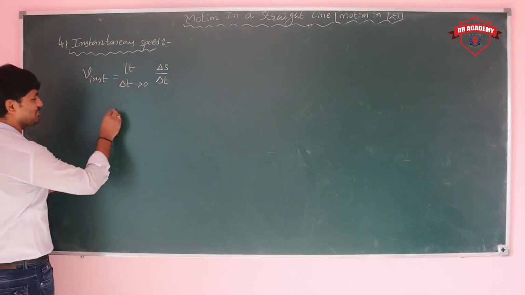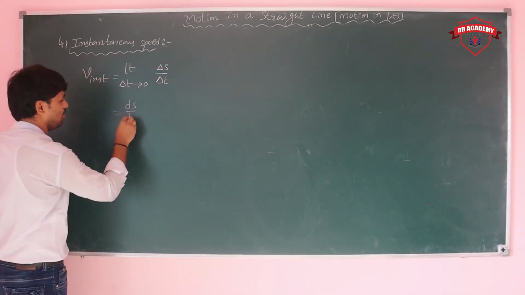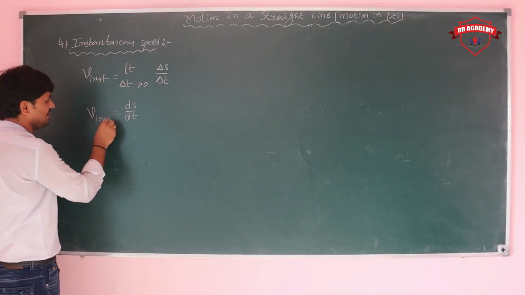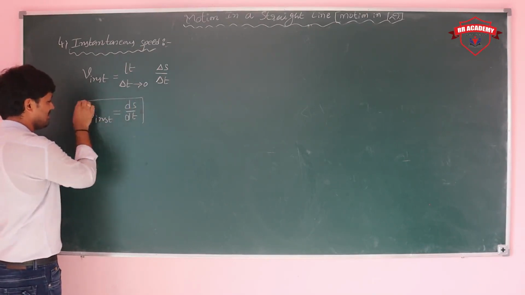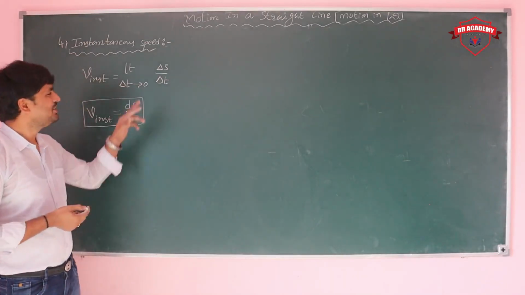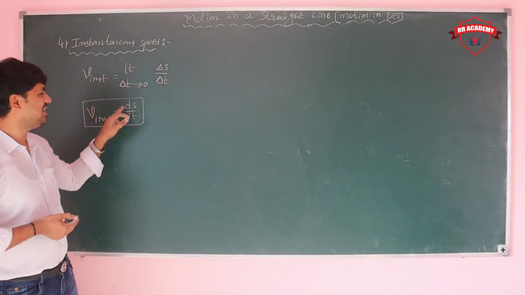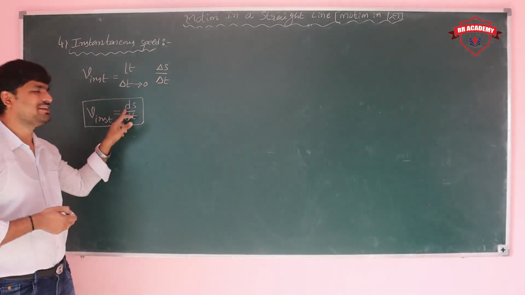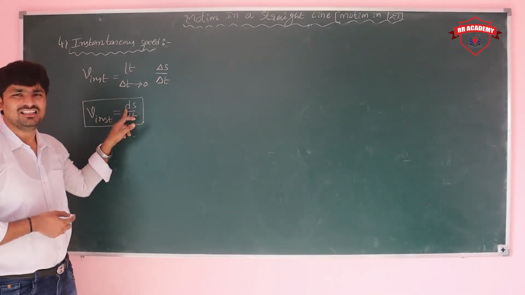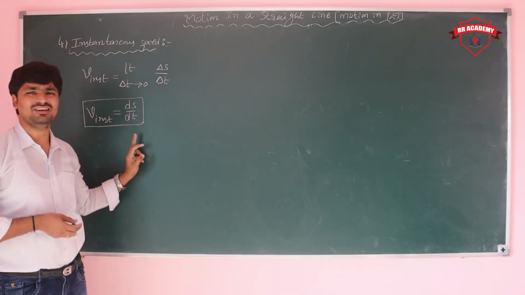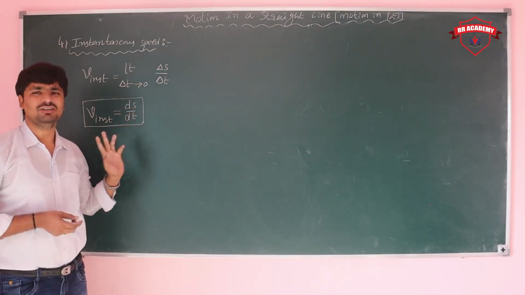So we can simply write ds upon dt. In basic mathematics classes, in differentiation, I discussed the small difference between delta and d. Delta represents a large change, d represents a small change. The representation of the instantaneous speed we write as ds upon dt.